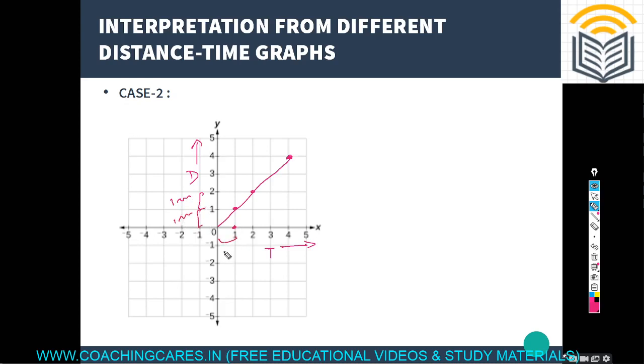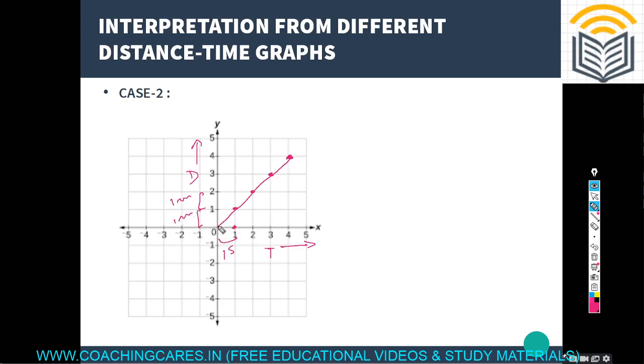This is time, 1 second. Again, in another 1 second the body moves 1 meter. So you notice that in equal intervals of time, which is 1 second, the body moves equal distance, which is 1 meter.